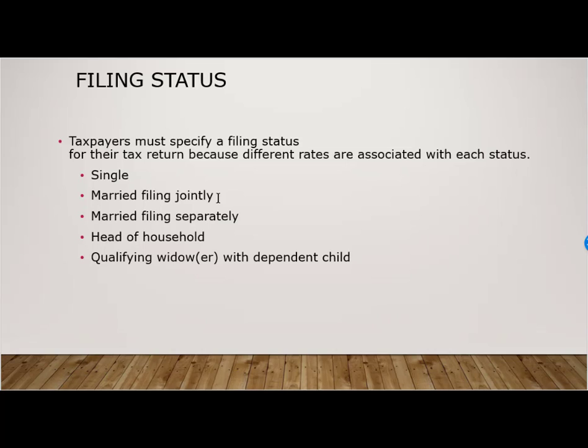Head of household is a designation for a person who has dependents, maybe other than their own. And of course, you can also have something called a qualified widower with a dependent child. So the tax tables associated with these classifications are different.